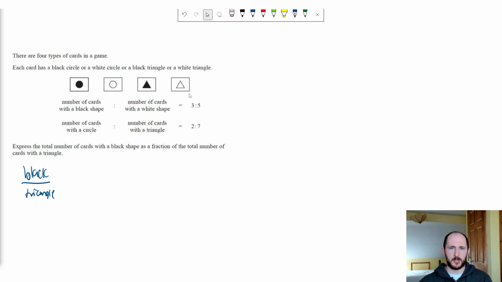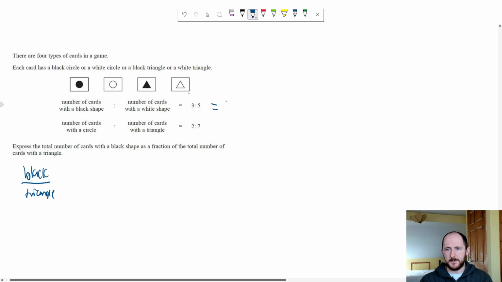Instead, I like to use logic. So here, they've broken up the colours of the shapes into 8 parts and the shapes of the cards into 9 parts. Now, logically, these number of parts should be the same because there's the same number of cards in a deck. So in a normal deck of playing cards, you have 52 cards.